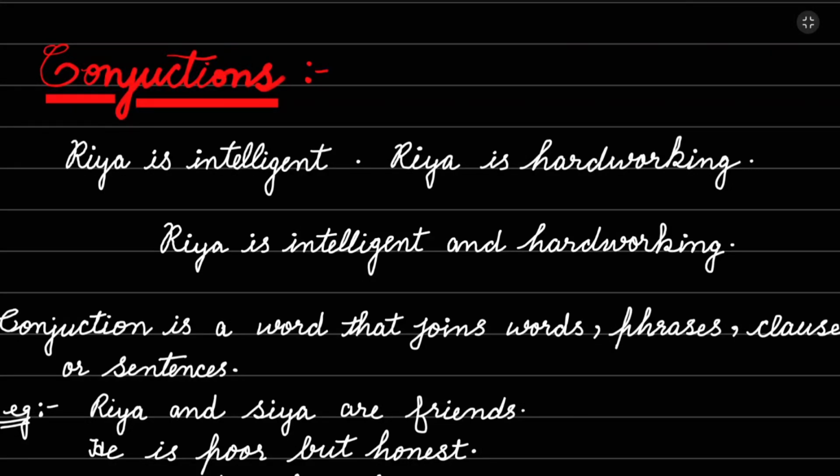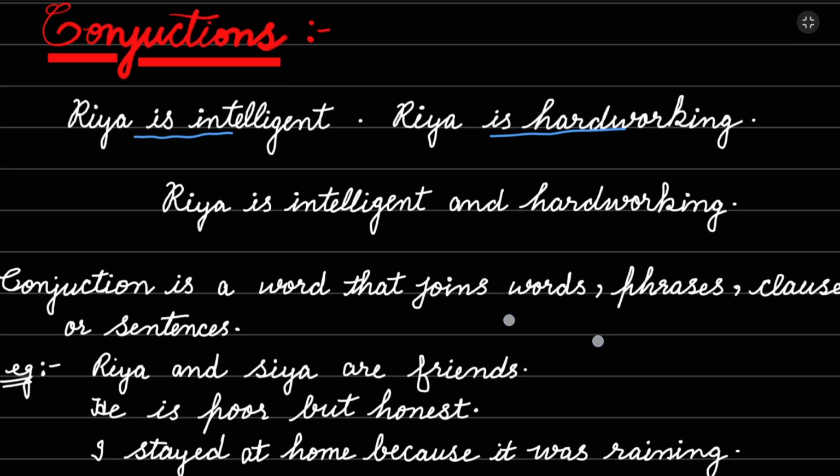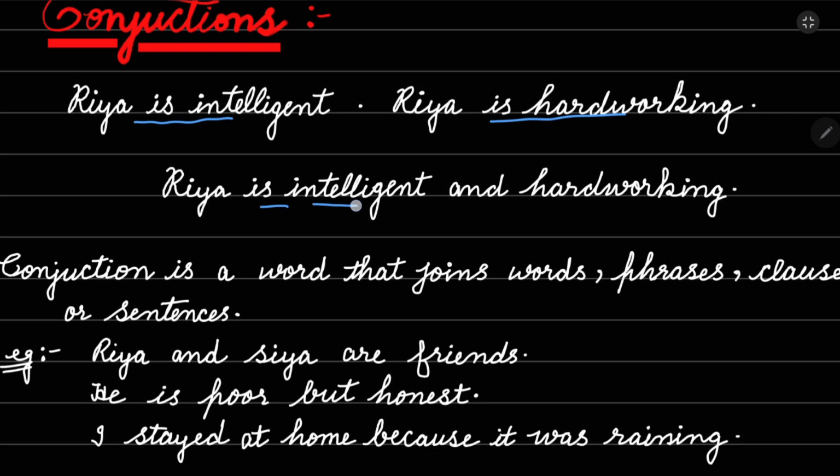Our today's topic is conjunction. Okay, look at these two sentences. Ria is intelligent, Ria is hardworking. Instead of saying these two sentences separately, we can join them like: Ria is intelligent and hardworking.